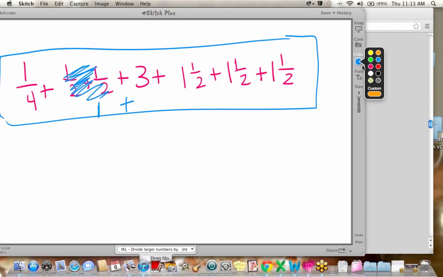Ooh, I forgot one. Sorry, guys. Somebody ate 3/4 of a pizza. Sorry. What about 1/4 plus 3/4? That's pretty easy to add up. What's 1/4 plus 3/4? You could type it into the chat.